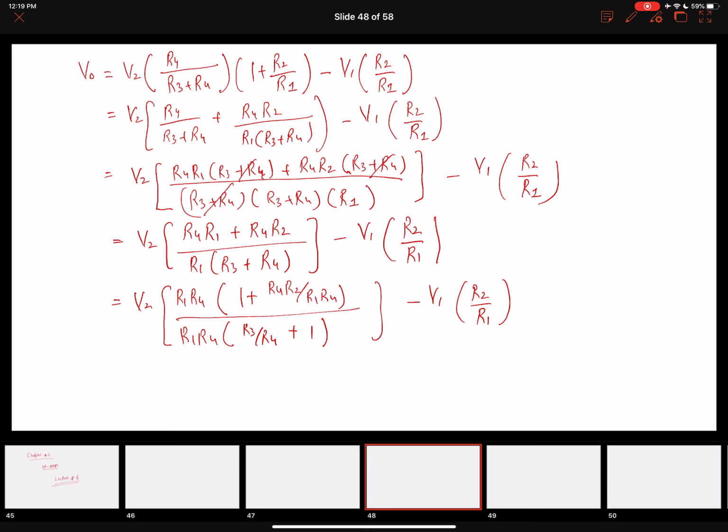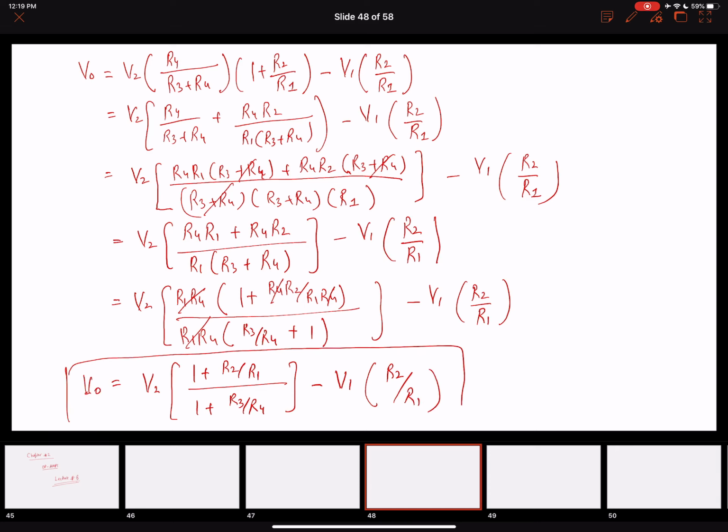And this will be cancelled out, and this R4 will be cancelled out. So it will be V2 into 1 plus R2 over R1 over 1 plus R3 over R4, minus V1 R2 over R1, equals V naught.